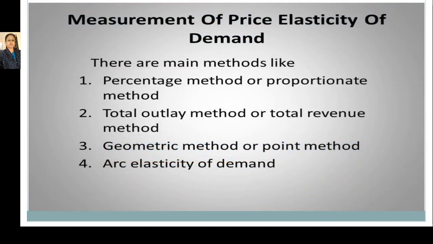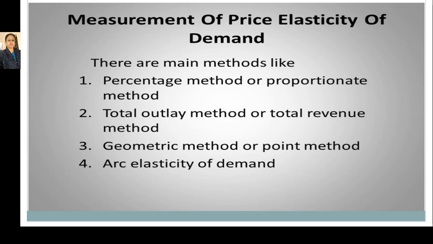Measurement of price elasticity of demand. The main methods of measuring the elasticity are: first, percentage method, or we can say proportionate method. Second, total outlay method or total revenue method. It can be also named as total expenditure method. Third, geometric method or point method.